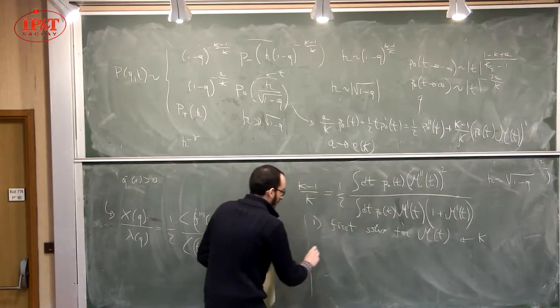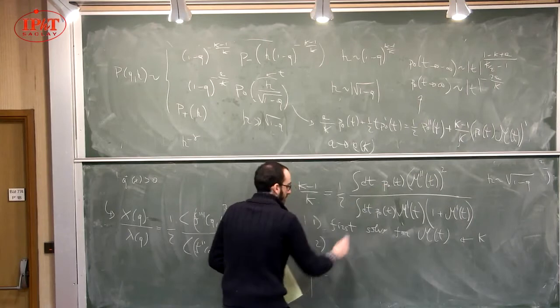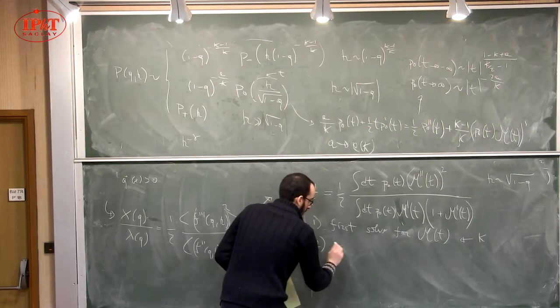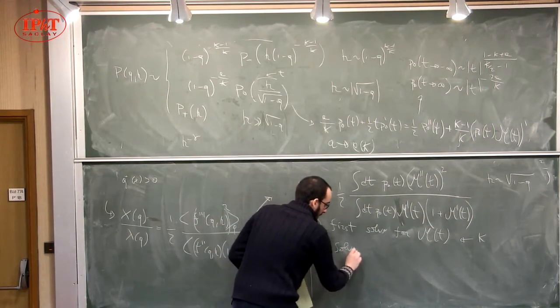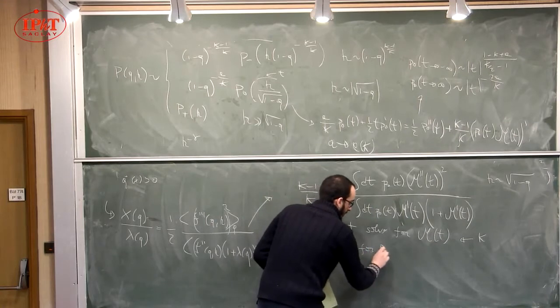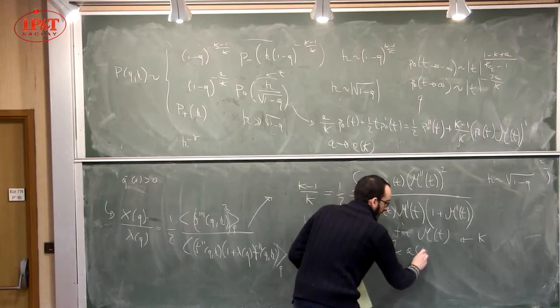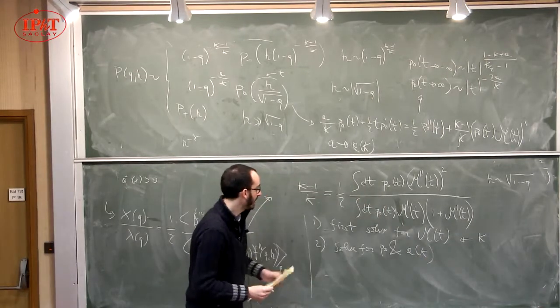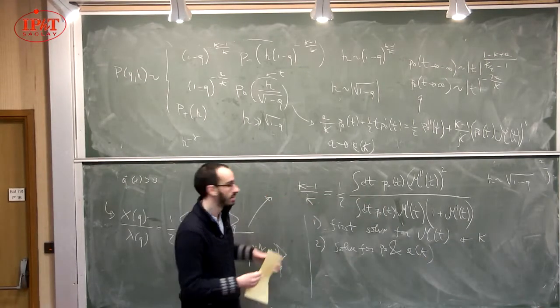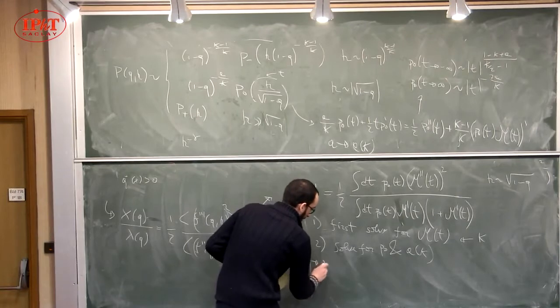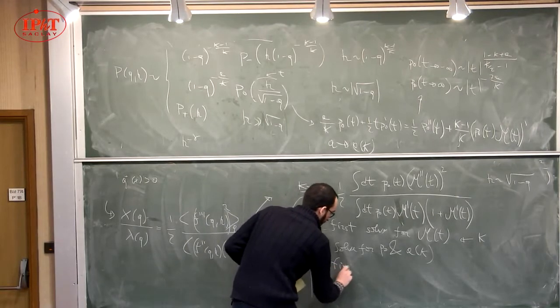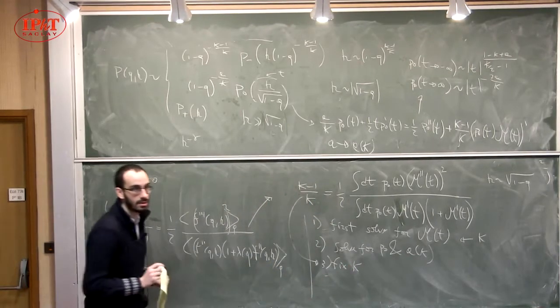Okay. Then we have an equation for p0. So we solve for p0 and a, which are functions of k. And then we use this equation to fix k. Okay?